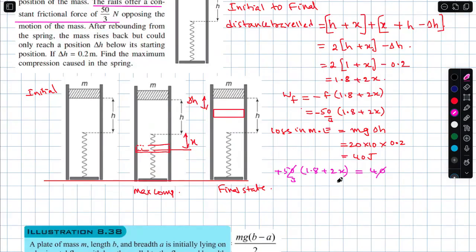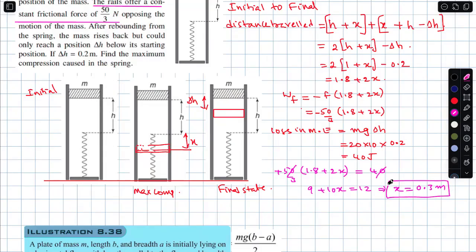Only thing that you need to do is some calculation. This will become 5 times 1.8 means 9. 9 plus 10x is 12. This implies x is equal to 0.3 meter.